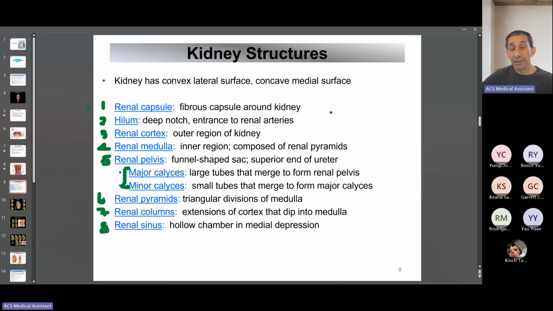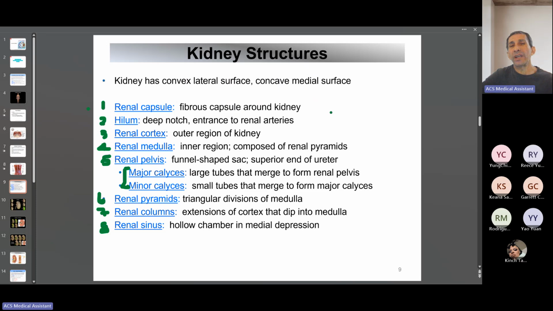So each one of them, we're going to go over, we're going to see it in a diagram, in a picture, if you will, and we're going to be discussing what it is that they do and where they are located within the kidneys. So that's basically what it is.